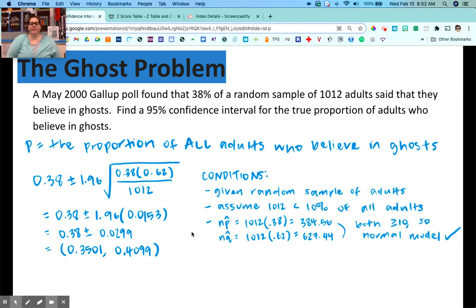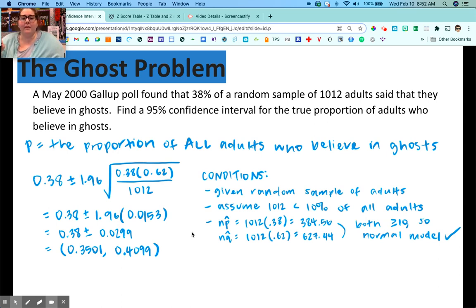And then my last step is to interpret that interval. We always interpret the interval, basically just saying, what does that interval tell us? And then if we were asked to as an extra, we could then interpret the confidence level, which I'll do as well just for practice. So interpret our interval. We're saying that we are 95% confident.